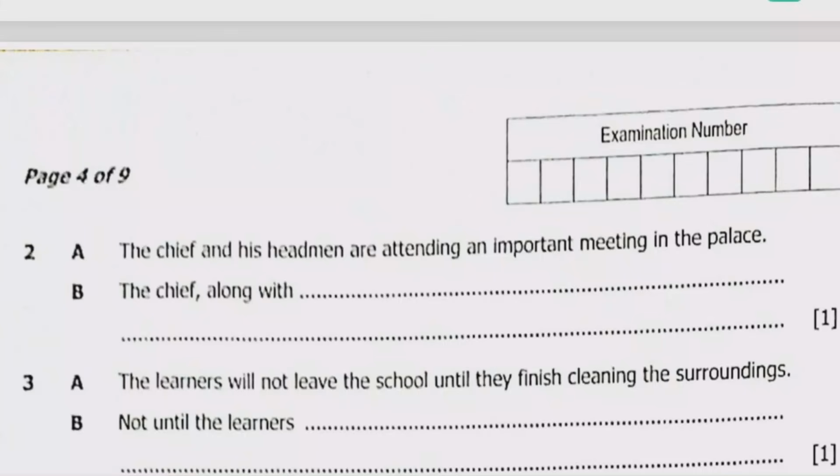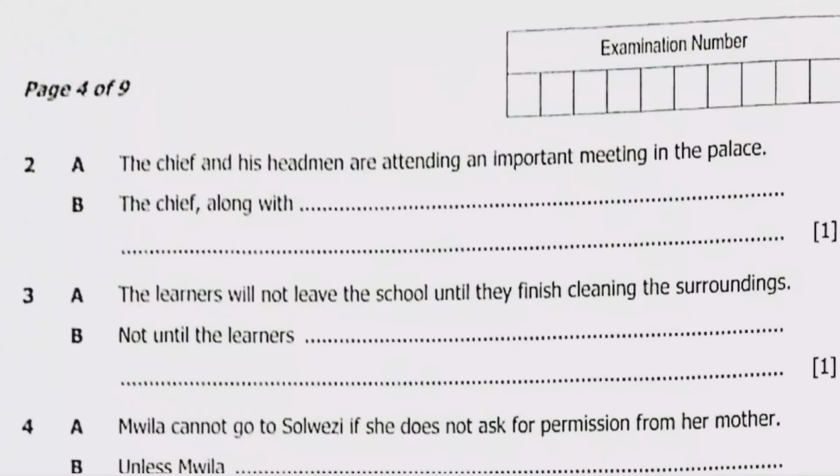The chief and his headmen are attending an important meeting in the palace. Start with "the chief along with." So how do we write this sentence starting with "the chief along with"?